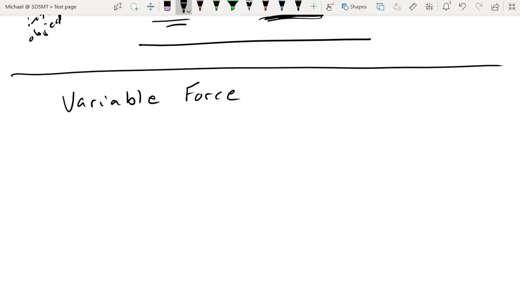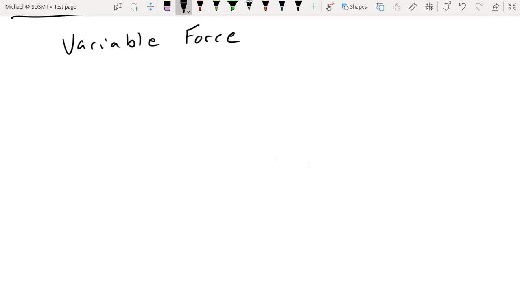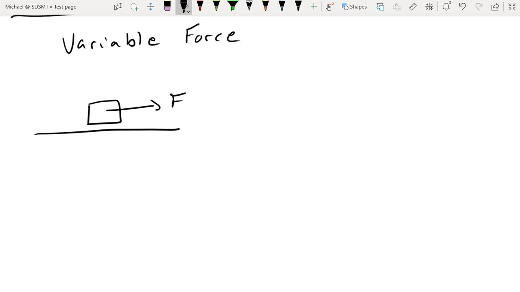A spring is a variable force, but we could have other variable forces out there. And the way we'll start our discussion is, let's consider just a constant force. Let's take a constant force of 20 newtons, and we'll allow it to work over a displacement of 5 meters.